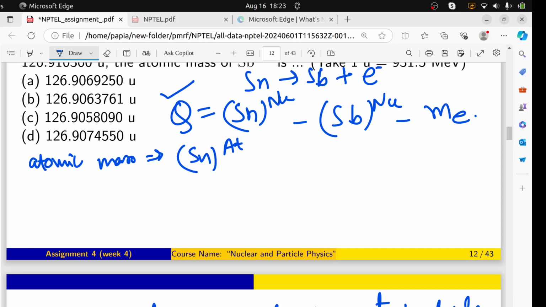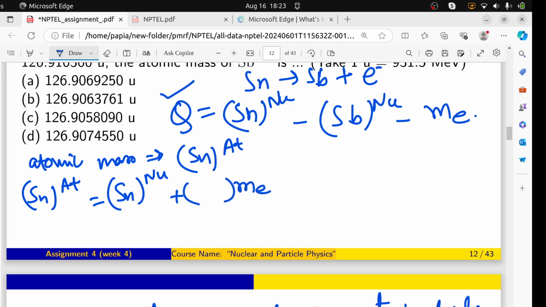I need a relation between atomic mass and nuclear mass, so that I can replace the Sn nuclear mass with the Sn atomic mass, which is given in the question. So how do I do that? Sn atomic equals Sn nuclear plus Me times something. What is that something? It is the number of protons and number of electrons present in Sn.